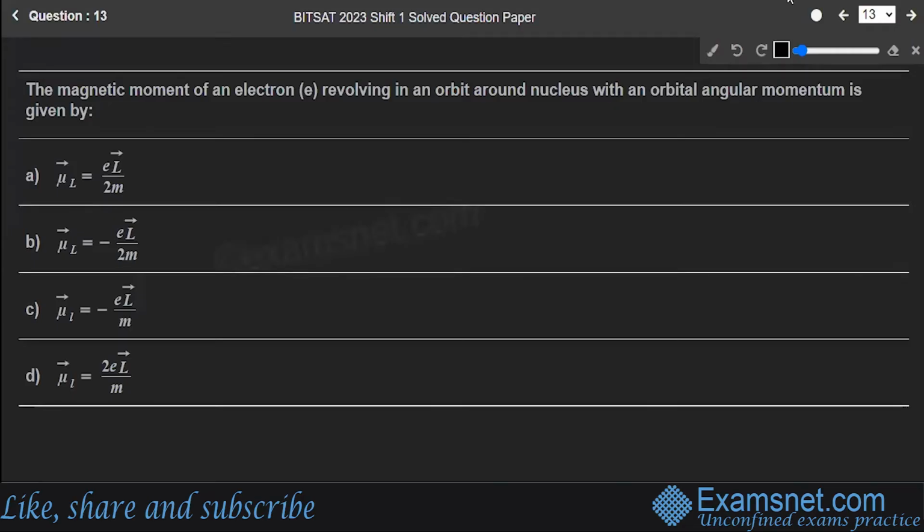Studying the magnetic moment of an electron e revolving in an orbit around the nucleus with orbital angular momentum is given by which of these options? So the magnetic moment of the electron is given by the product of current into area. The vector product of magnetic moment is equal to I into A vector.